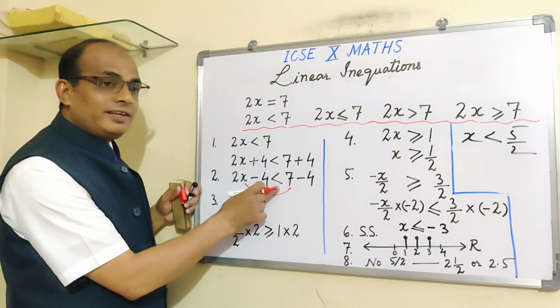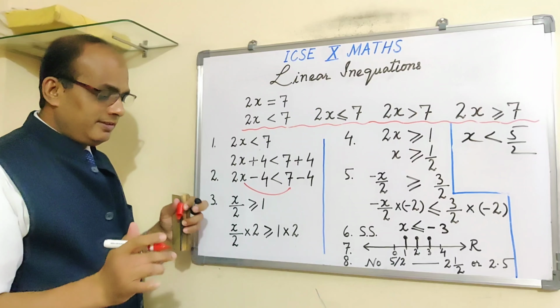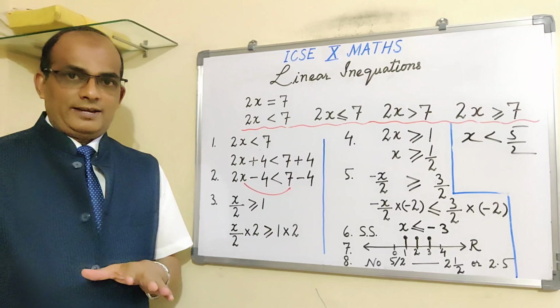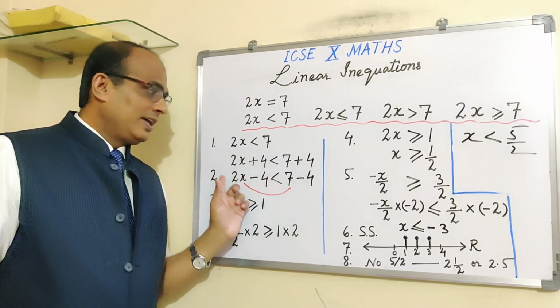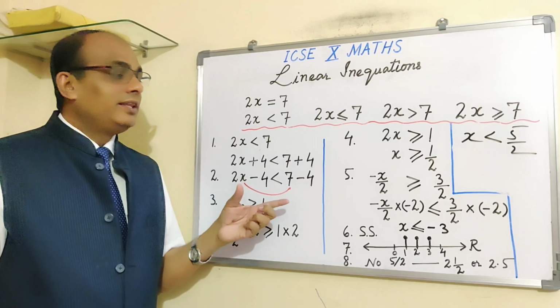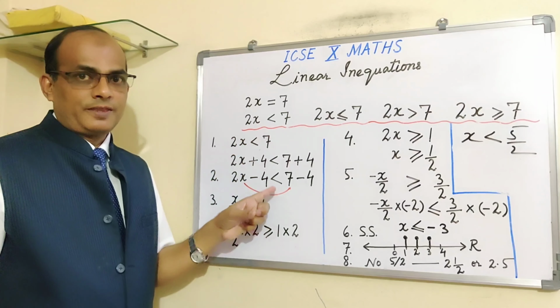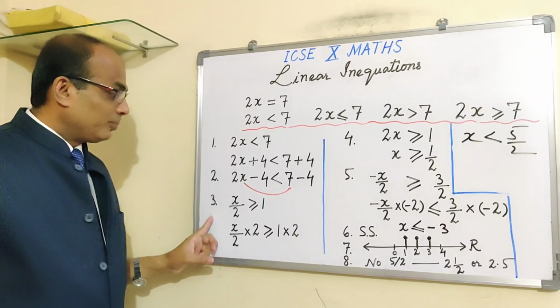So we can frame the rule: if you subtract the same number from both sides of the inequation, then the inequality remains the same. Okay? Fine. Now the third point.